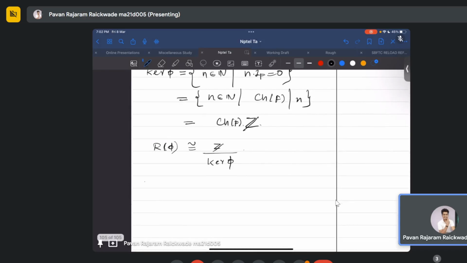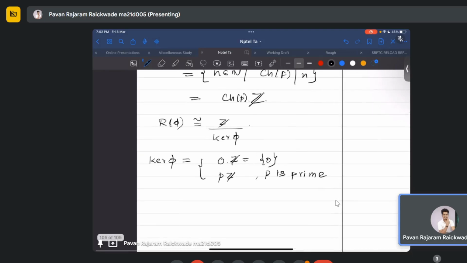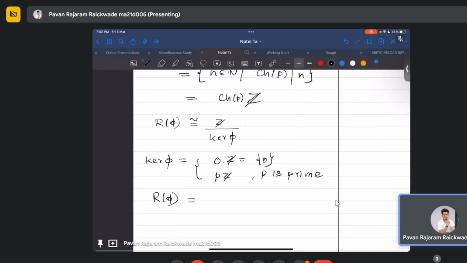Characteristic can only be 0 or p. If it is 0 times Z, then it is the singleton 0. And if it is p, then it is pZ, where p is prime. These are the only choices for the kernel. Then the range of phi is either isomorphic to Z by singleton 0, which is basically Z, or Z by pZ, right?